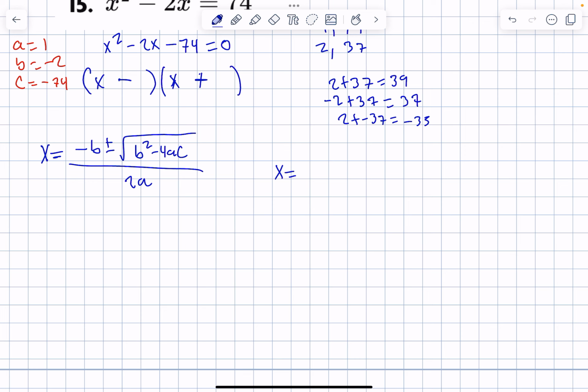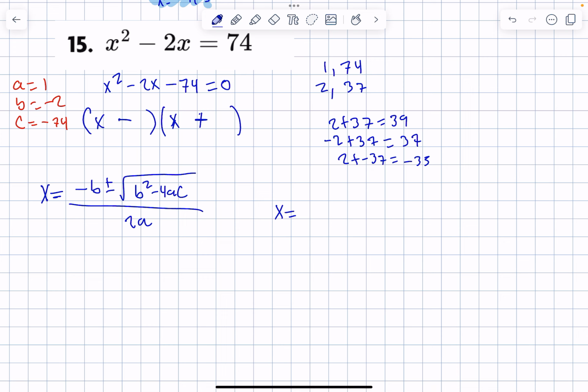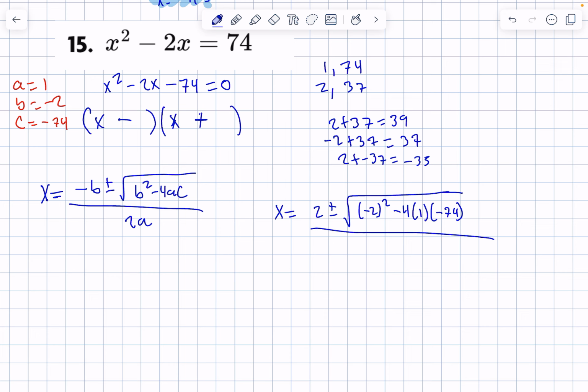So x is equal to -b, and my b is -2, so it'll be +2. So 2 plus and minus the square root of b squared, negative 2 squared, minus 4 times a times c, holy moly, all over 2 times a. So 2 times 1 is just 2.